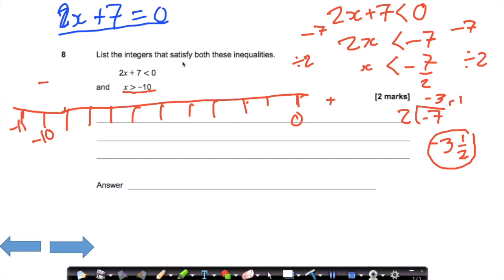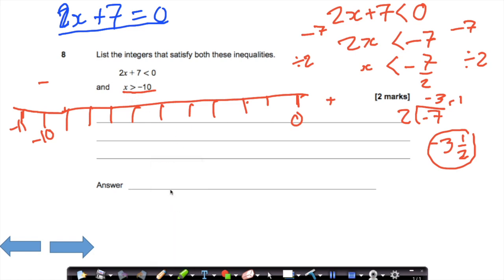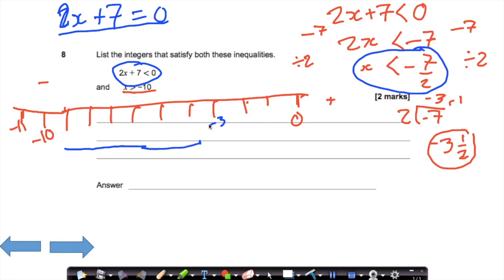We want to know whereabouts our x must lie, and as it's greater than minus 10, it can't be equal to minus 10, so it's got to be greater than minus 10. But as we've solved the other inequality to get x being less than minus 7 over 2, or minus 3.5, so this is minus 3 here, we know that it's got to be smaller than minus 3.5.